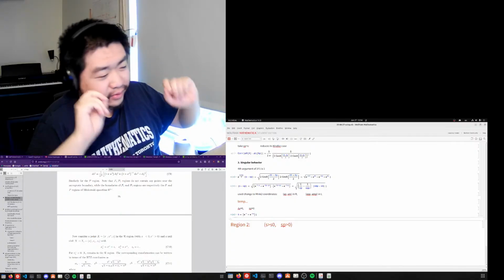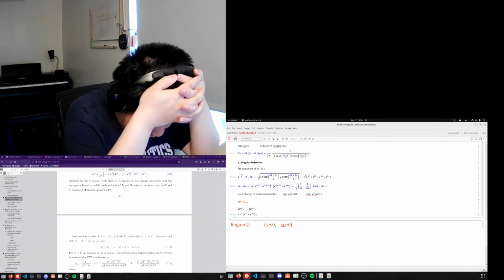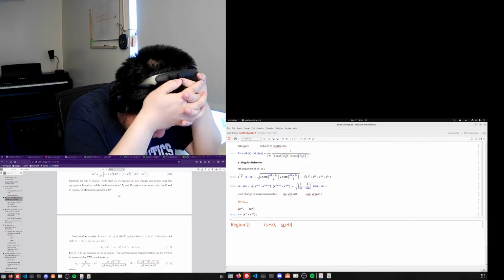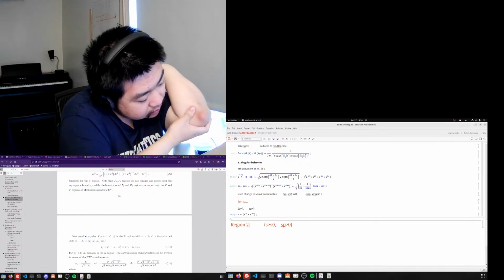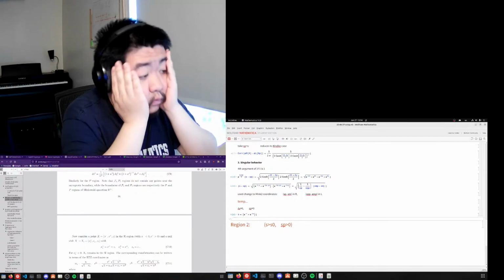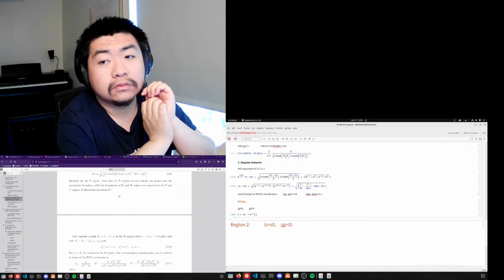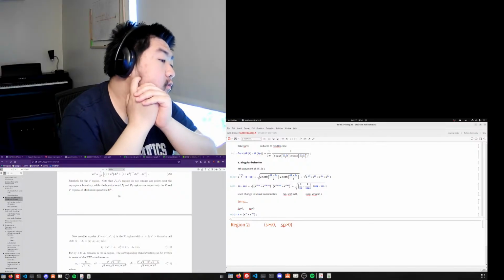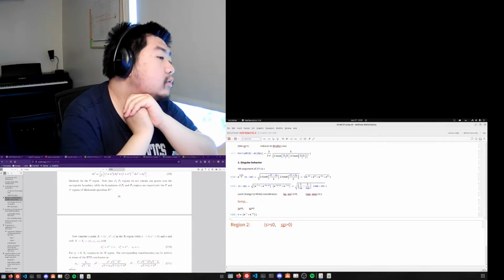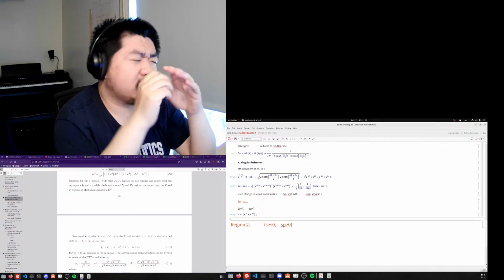I want to think of this as a bridge between the right region and the left region. Well, I mean, they're both a bridge, but the bridge goes two different ways.